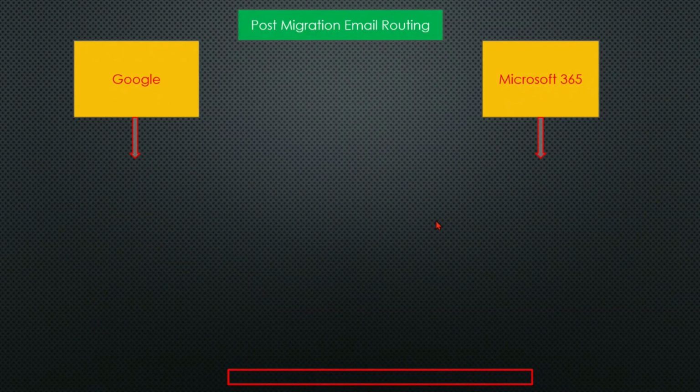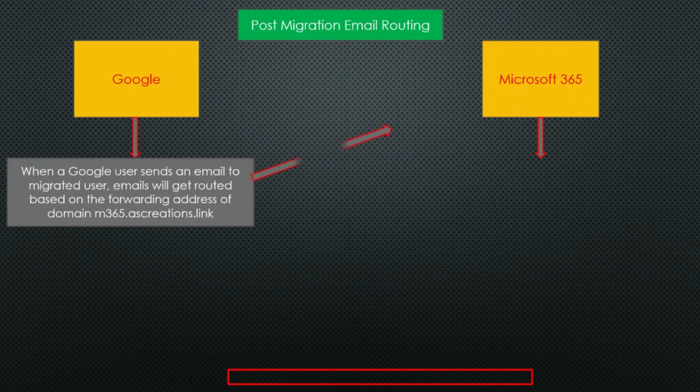Now I'm going to share a brief overview about the mail routing scenarios post-migration. So I have two platforms, that is Google as well as Microsoft 365. Let me share what will happen when a non-migrated user sends an email to the migrated user. In such a scenario, emails will get routed to Microsoft 365 environment because of the forwarding setup on the migrated user account.